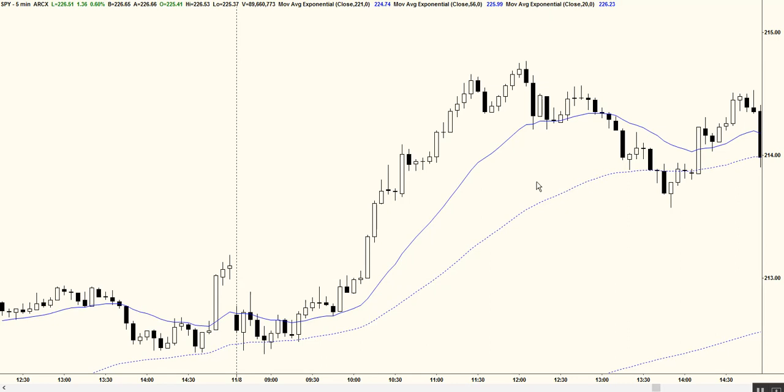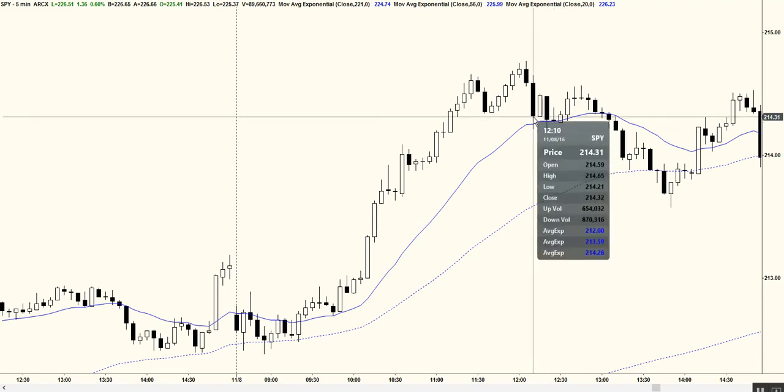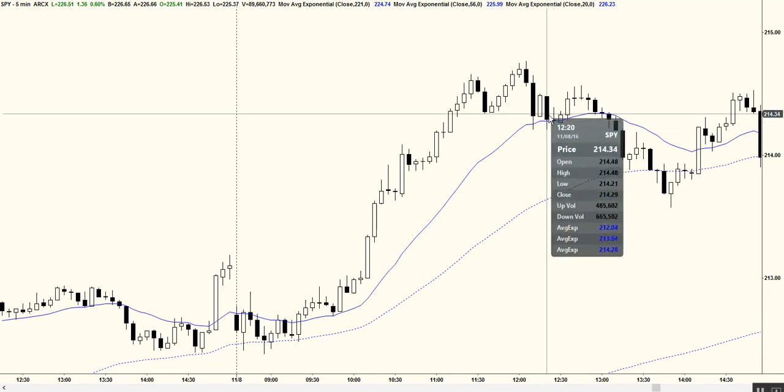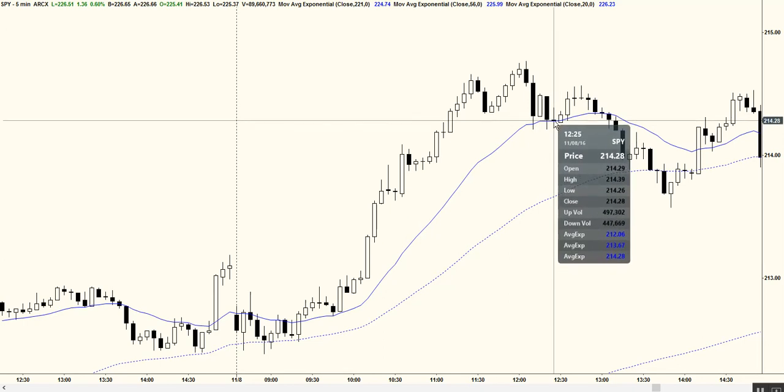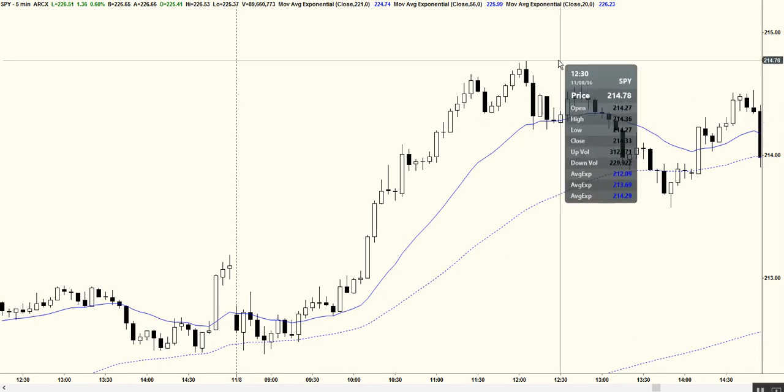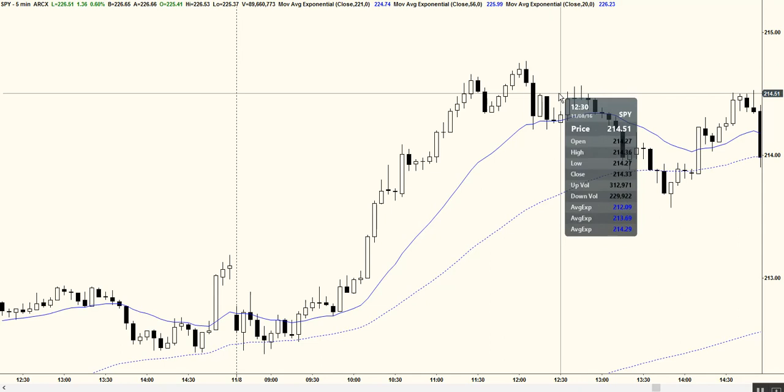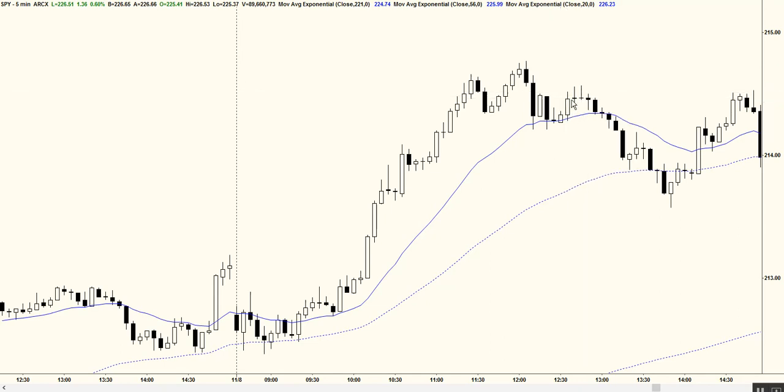A similar approach would be, traders will sell this close, or they'll sell down here, and instead of using the stop that's appropriate, which is up here, they do something in the middle and they get stopped out.